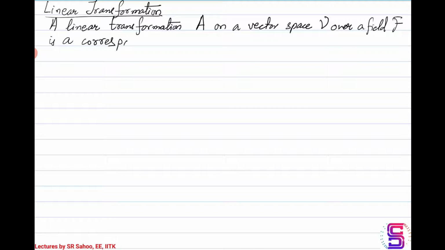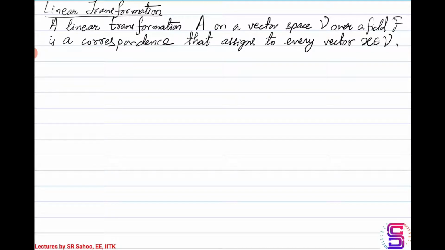So, a linear transformation is essentially a map. The correspondence that assigns to every vector x in the vector space V a vector Ax, which is also in the same vector space V.